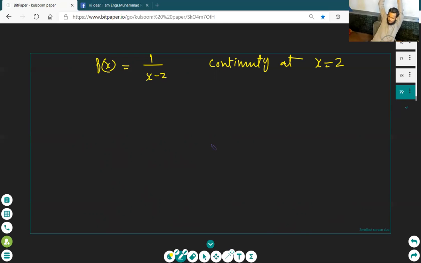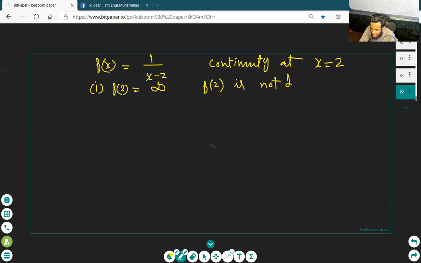No, it's not continuous. Which condition is not satisfied? Our first condition, the functional value, is not satisfied, because when we put the value we get 0 in the denominator, which is undefined. Our f of 2 is not defined.